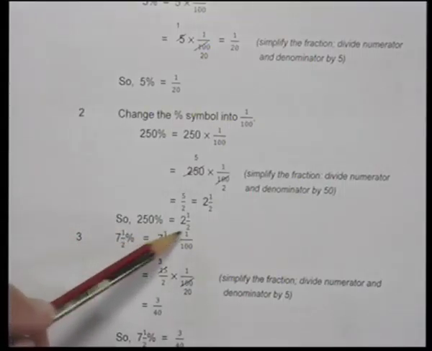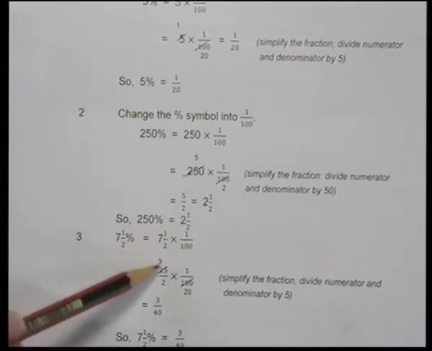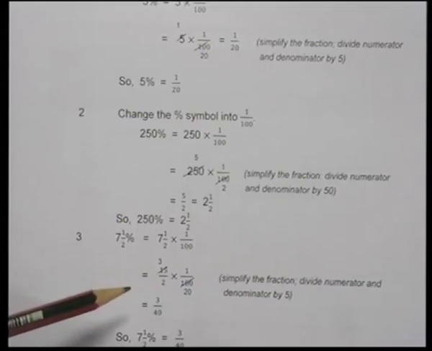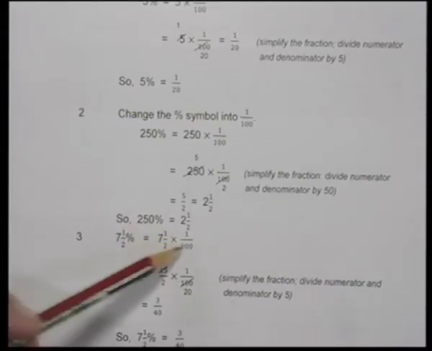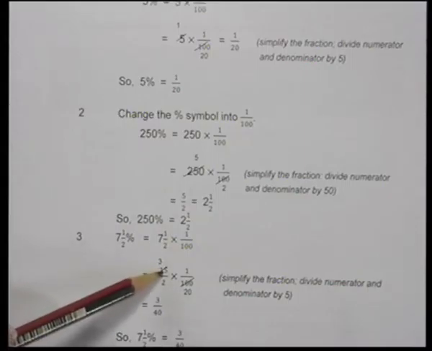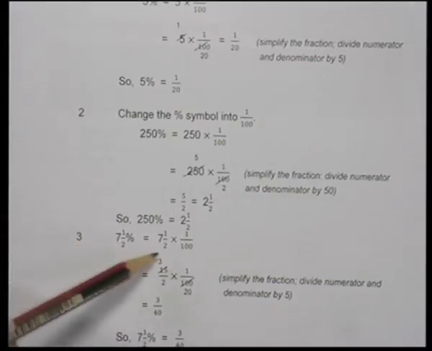7.5%, 7.5 times 1 over 100. The 7.5, the mixed number, we must make a fraction, 15 over 2. So 15 divided by 2 times 100. Simplify by saying 5 divides into 15 3 times, and 5 divides into 100 20 times.